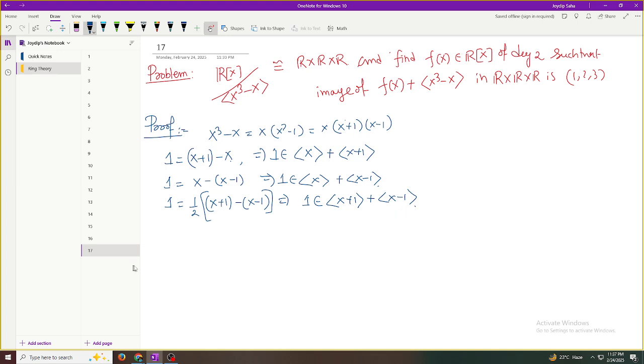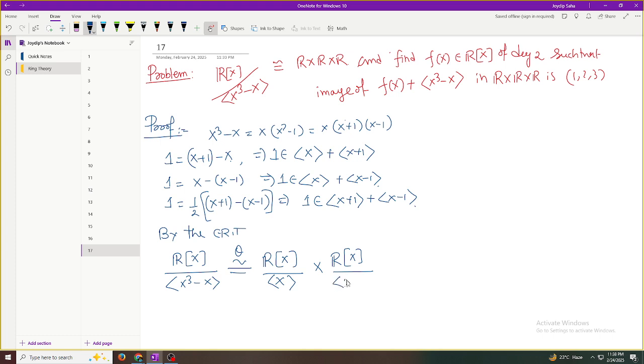By the CRT, R[x] quotient x cube minus x, I should write here this isomorphism is theta, is isomorphic to R[x] quotient x, cross R[x] quotient x plus 1, cross R[x] quotient x minus 1.